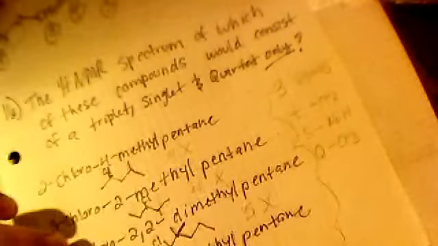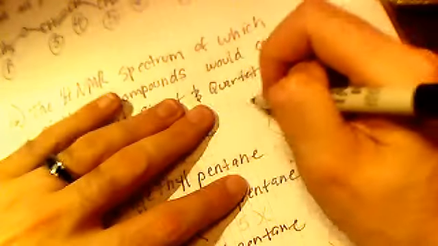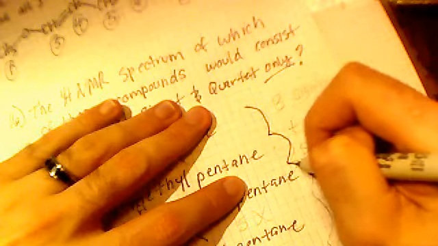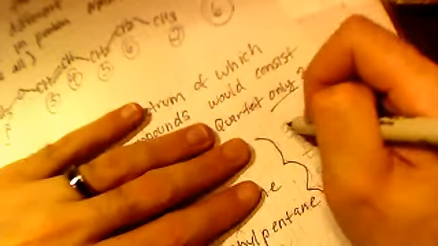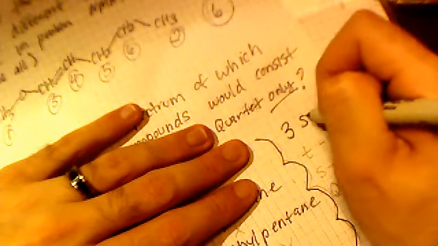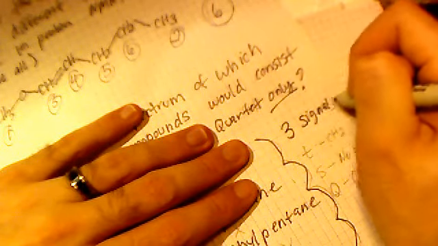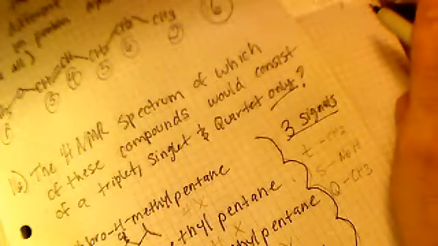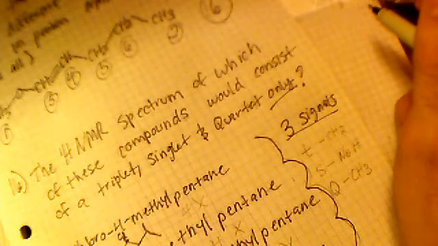Alright, so then I have all these molecules here, and from the information that they gave me, they want a triplet, a singlet, and a quartet only. So that tells me that there's 3 signals. And that tells me that there's only 3 chemical shift equivalent environments.